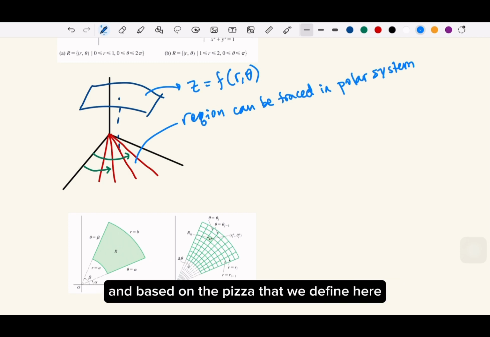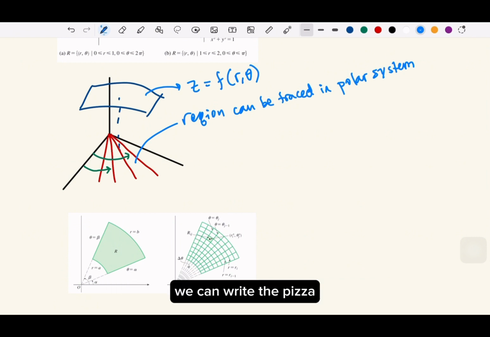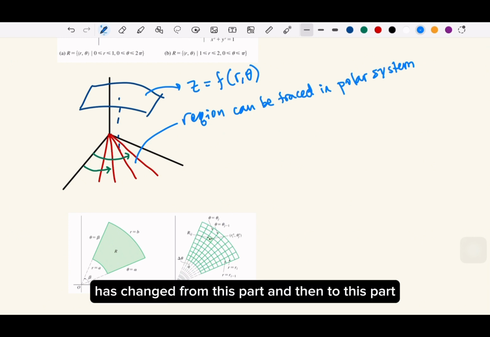And based on the pizza that we defined here, we could write that theta changes from this part to this part. We can say theta is from alpha to beta, and also we have r from a to b. Okay?